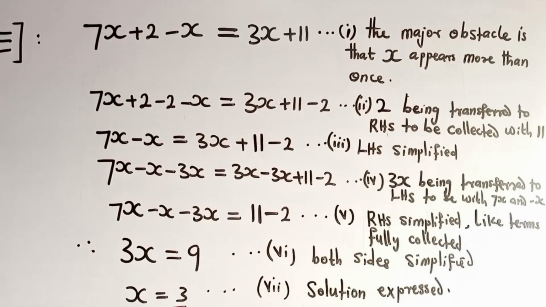Right, this is example number E. By means of this example, we wish to learn how to collect like terms. Or simply, we want to learn how to unify the unknown. To unify the unknown means to make it appear once in the entire expression, the entire equation.